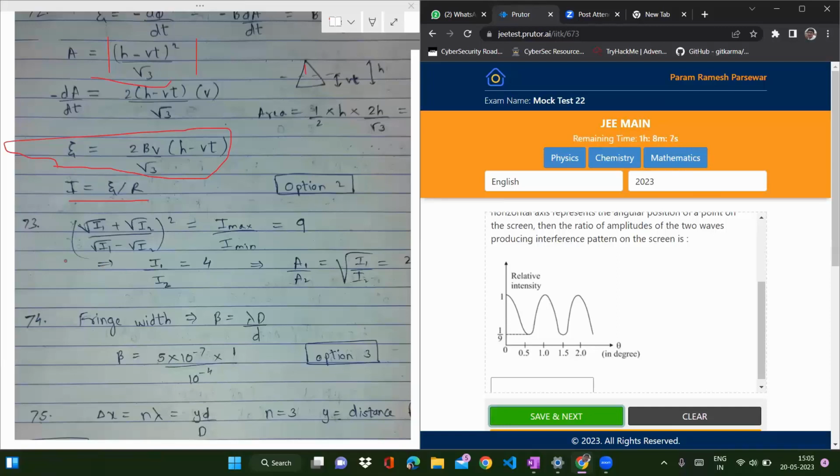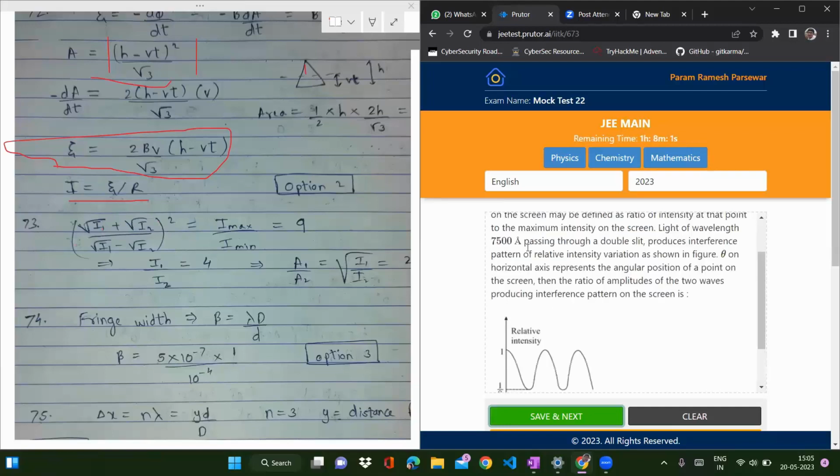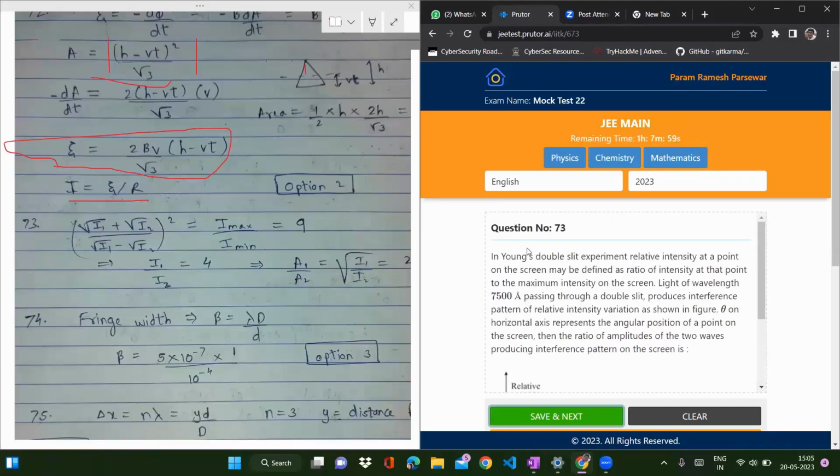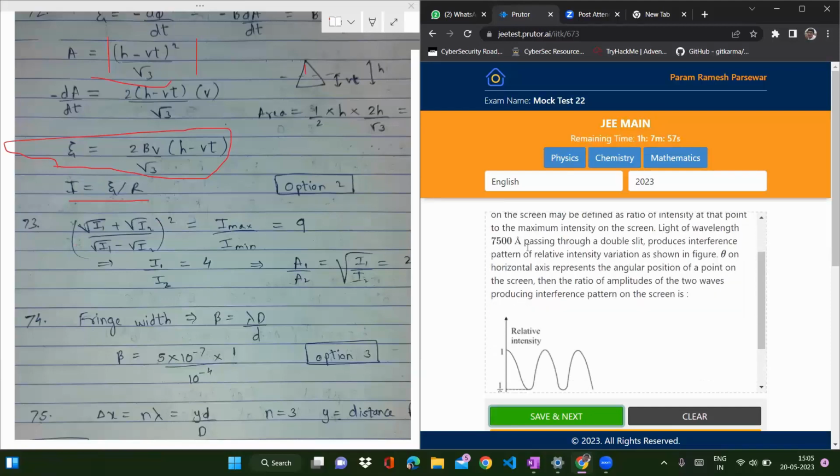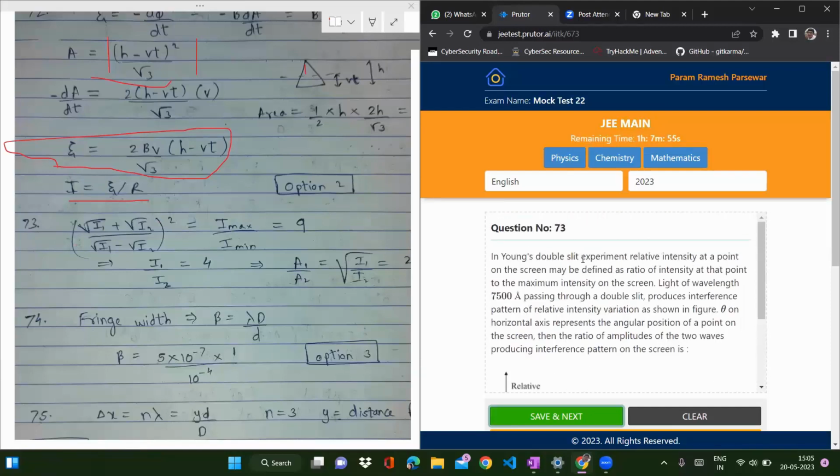As we have two slits, the intensities of the light waves coming from the two slits can be considered as I1 and I2, the intensities of the two interfering lights.